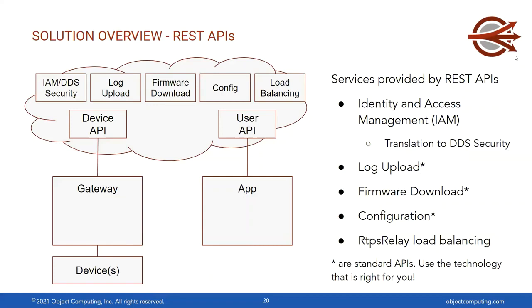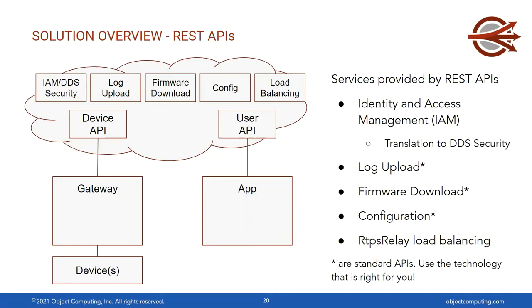So in that particular case, we've really focused on the triangle of just allowing the app to talk to the gateway. However, there are other APIs, and in particular REST APIs, that we may want to produce for our app and our gateway. First, there's going to be an identity and access management, IAM, system to support the gateway and the application.